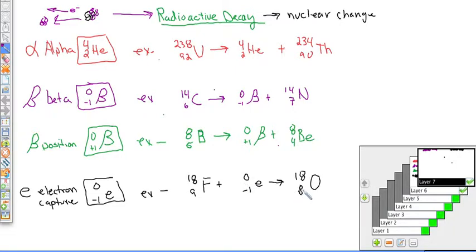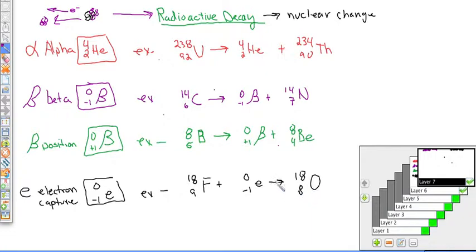So it'll change one of those protons to a neutron, which is kind of similar to what the positron does. So when you bring the positron in here, you see we changed a proton into a neutron. And the same with electron capture. They do the same kind of thing.